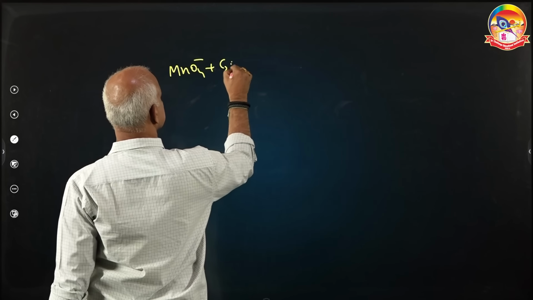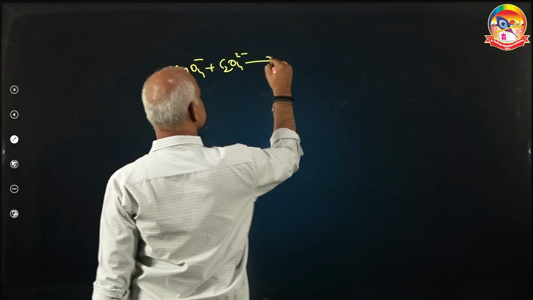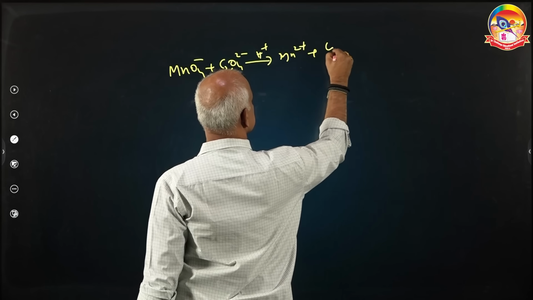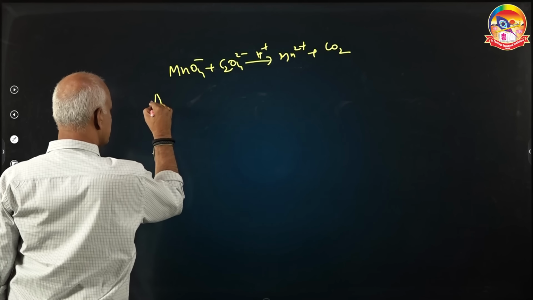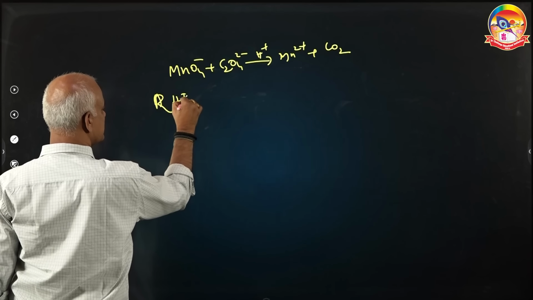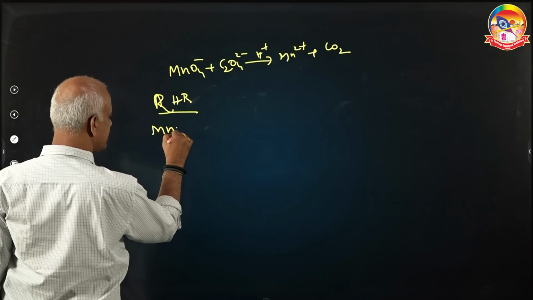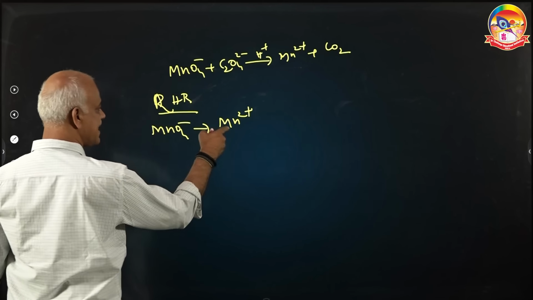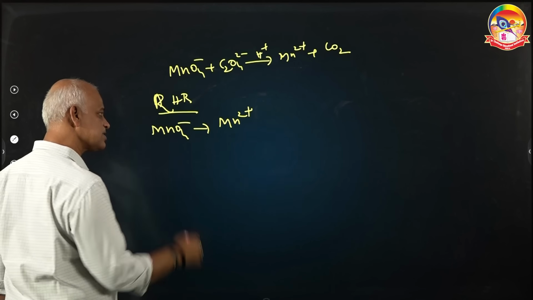Permanganate, oxalate, H plus, acidic medium, giving Mn plus 2 and CO2. Now, the reduction half reaction is permanganate reducing to Mn plus 2. Balance manganese; manganese is already balanced.